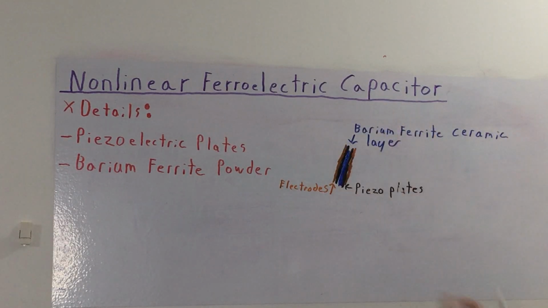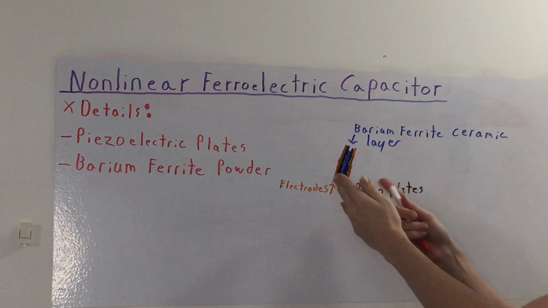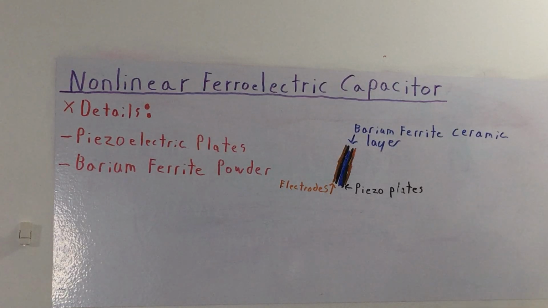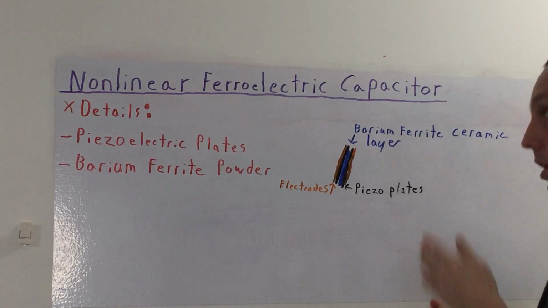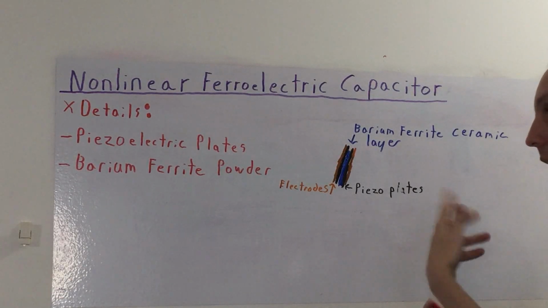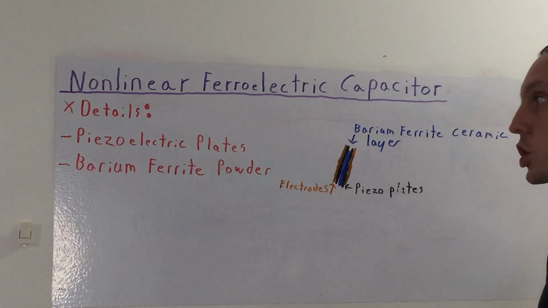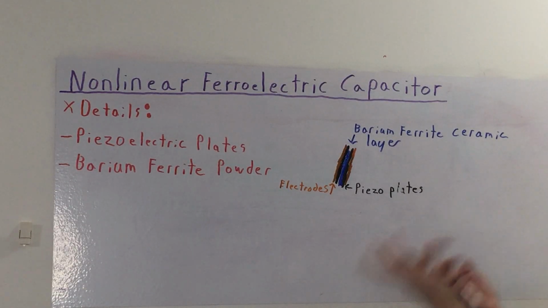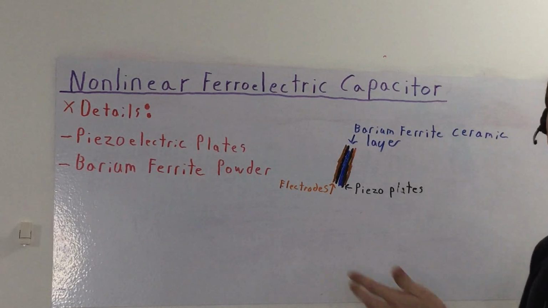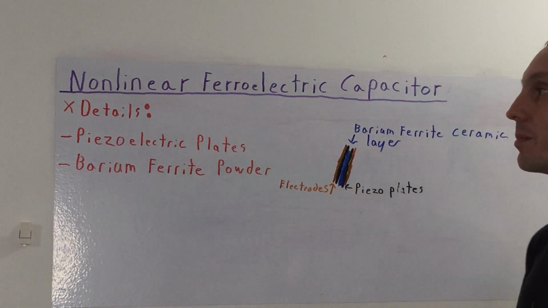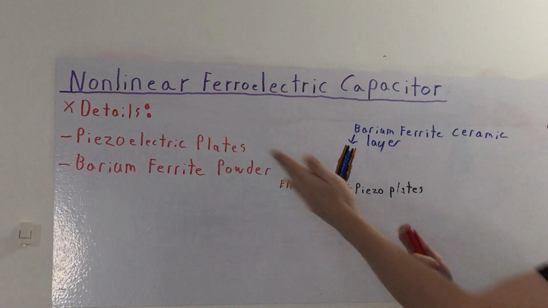Operation of all of this: when the voltage is applied across the electrodes, not only will the barium ferrite layer respond due to its ferroelectric nature, but the piezoelectric plates will also undergo slight mechanical deformation. This dual reaction can result in interesting nonlinear behaviors, obviously here what we're looking for.